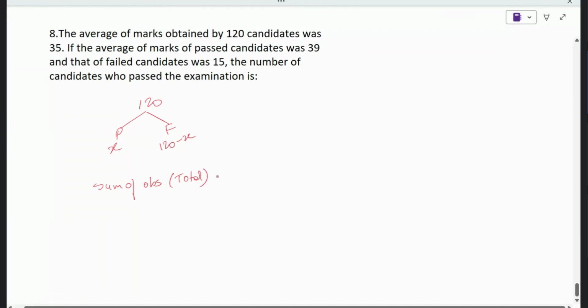Total means 120 candidates. Sum of observation means average into total number of observations. Average is equal to sum by total. That means average is 35, total is 120 candidates. Multiply them.